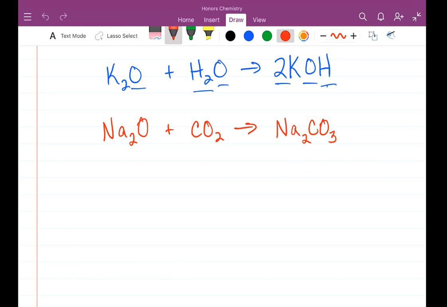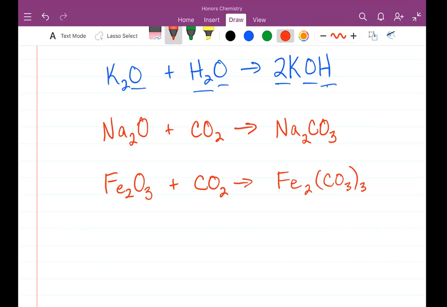All right, so let's try another one. Let's say we had Fe2O3, iron 3 oxide. If that reacts with carbon dioxide, go ahead and pause the video and see if you can figure out what that's going to make. So you should have come up with iron 3 carbonate, and again, it's iron 3 because it was iron 3 over here, which I could tell by the subscript on the oxygen.